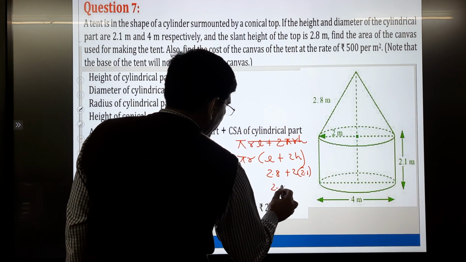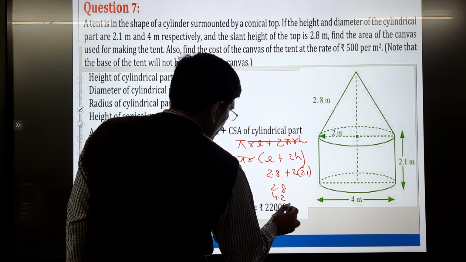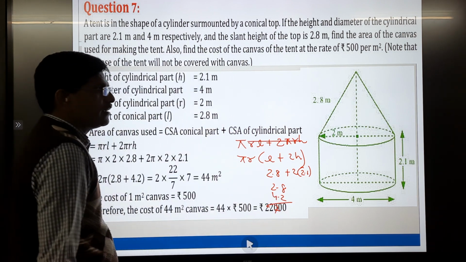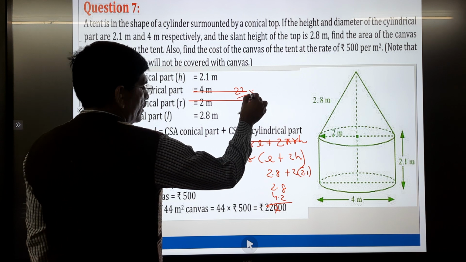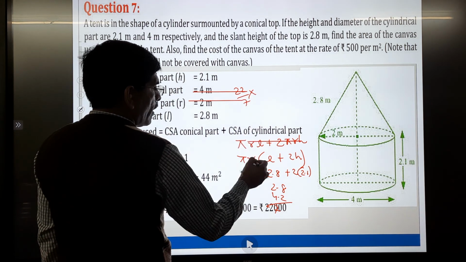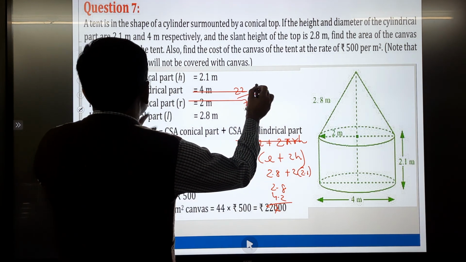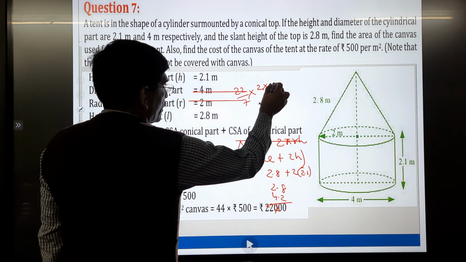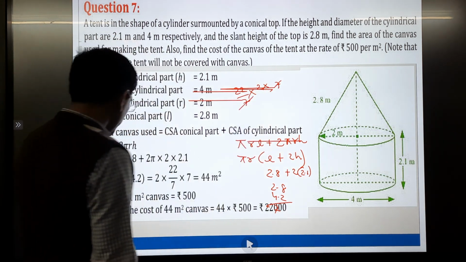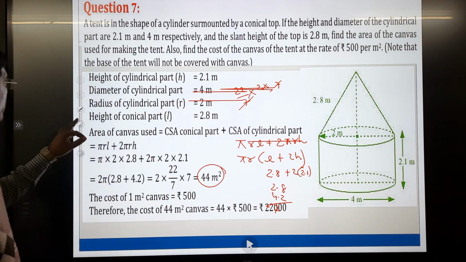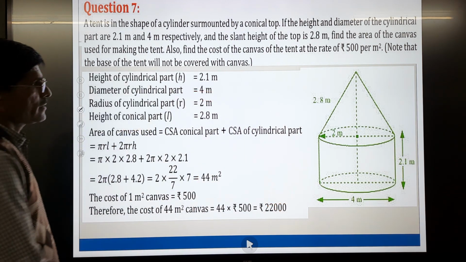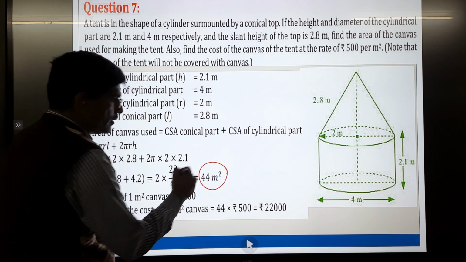So 2.8 plus 4.2, you will get 7. So directly 22 by 7 into R, that is 2, into 7. We can cancel it. You will get the answer 44 meter square.